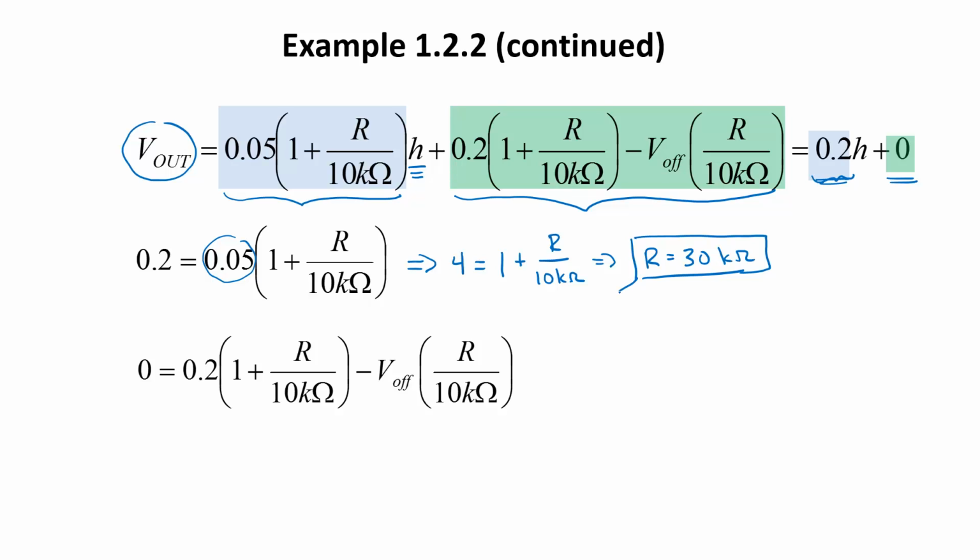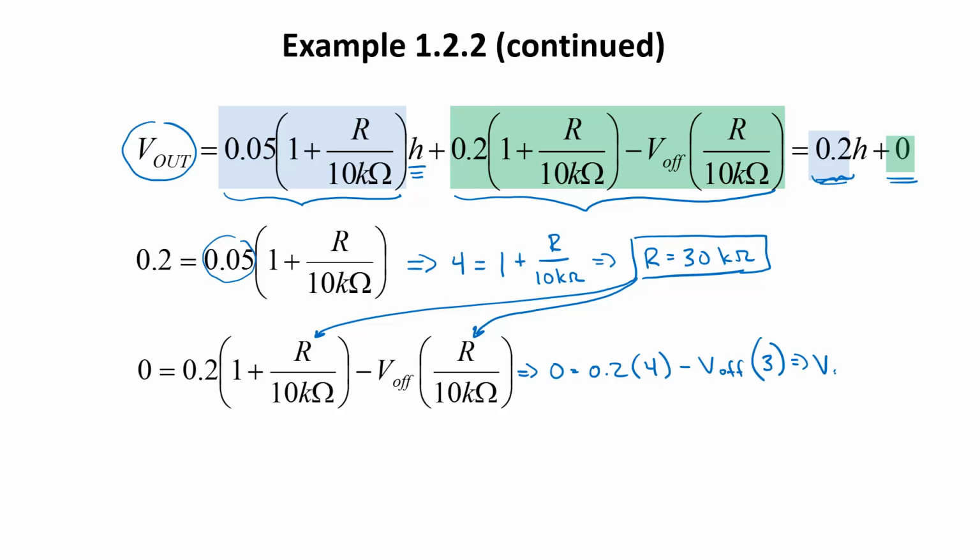Now that we know R, we can plug that into this expression here and here, and we get 0 is equal to 0.2 times 1 plus 3, which is 4, minus V offset times 30 kiloohms over 10 kiloohms, which is 3.